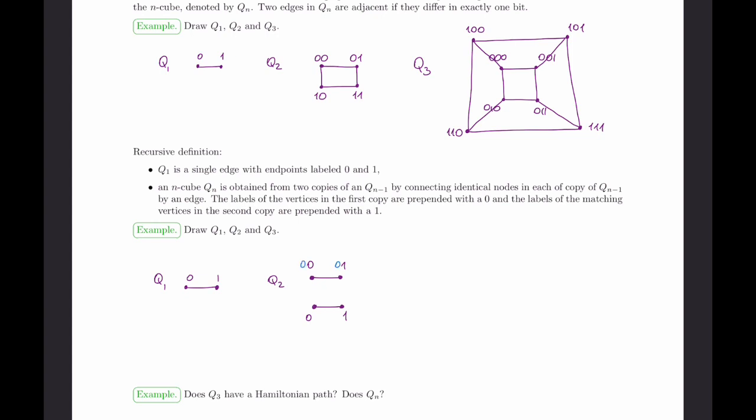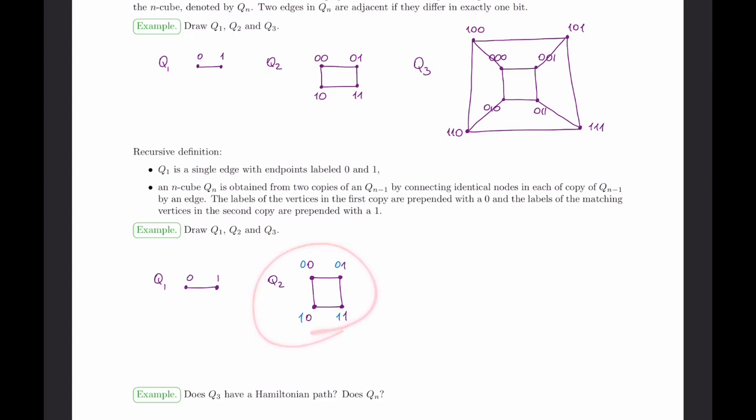And in the second copy, I'm going to prepend indices with 1. And then I'm going to connect identical nodes. So connecting identical nodes from the first copy results in this graph. And now I'm beginning to really see these prepending structures as, again, very gray code motivated.